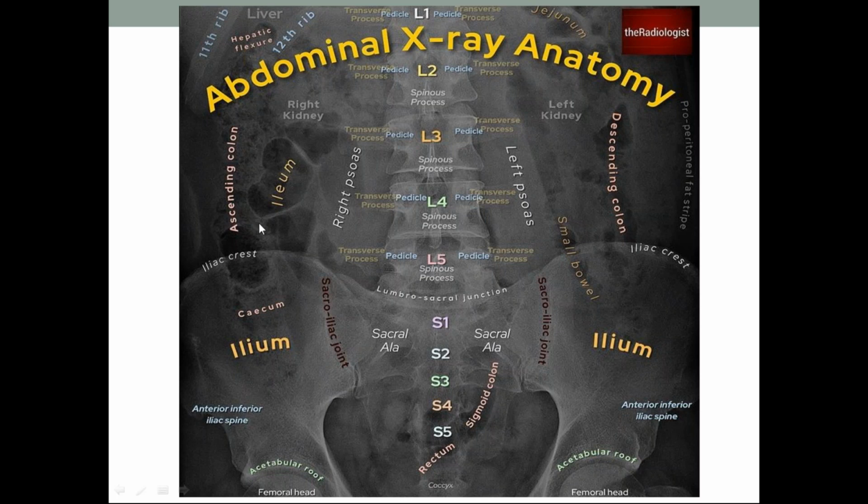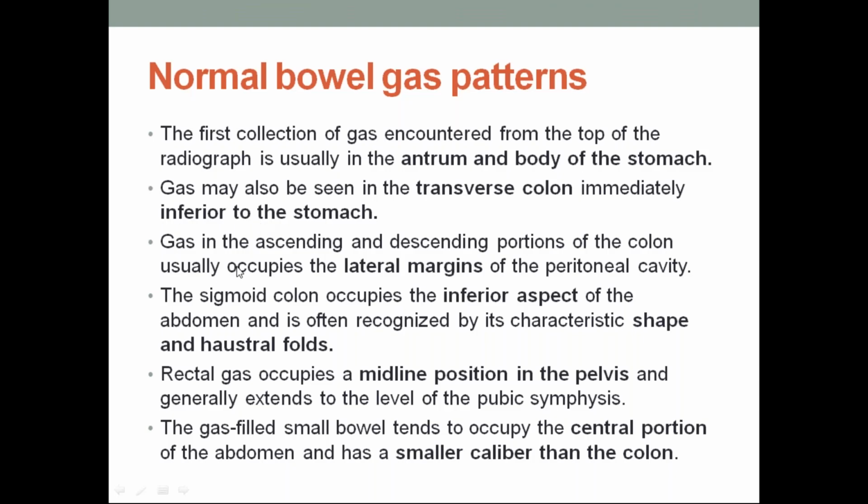The gas in the ascending and descending colon usually occupies the lateral margins of the peritoneal cavity. The sigmoid colon occupies the inferior aspect of the abdomen, and is often recognized by its characteristic shape and haustral folds.